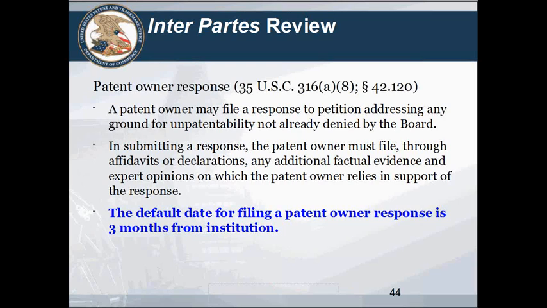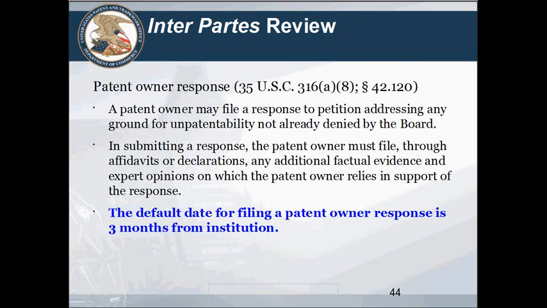So judges will always be available to take these calls about issues that you're having with time or discovery, these types of issues. So it may be that the schedule that you're given upon institution will have to be adjusted. That would be a good thing to talk about at the initial conference call, which will occur within a month of the institution, though, if possible, if it can wait that long.